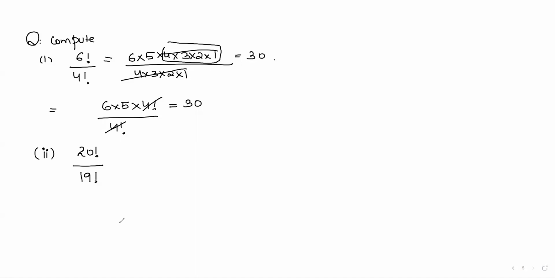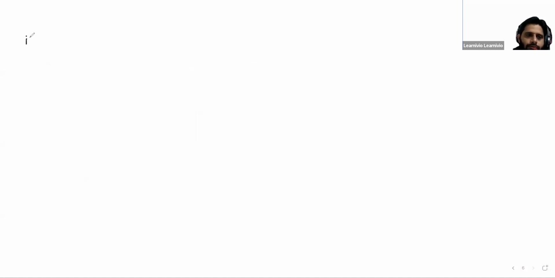Krishna and Rishan, can you tell me the answer of this? Yes, it's 20. Very good. Rishan, please let me know if you have any doubt in this. So the answer is 20, very good. Next, try the third one: 6 factorial by 4 factorial into 2 factorial. Please try this question and share your answer.